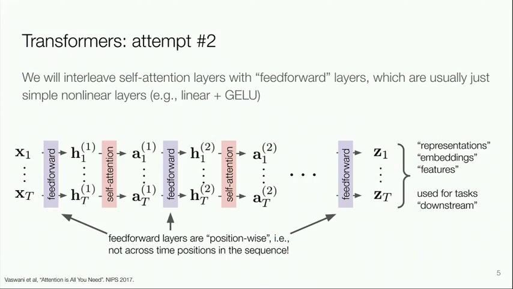The transformer outputs some sequence Z1 through Z capital T at the end, and typically these representations, embeddings, or features, however you want to call them, are what end up getting used for tasks later on, which we call downstream tasks. And we'll go through some more examples of what downstream tasks actually look like in the next lecture. But for now, the important bit is that these Z1 through ZT are kind of like the output of my transformer. That's the thing that's going to be used to do some other task where working from this representation is going to be a little bit easier.